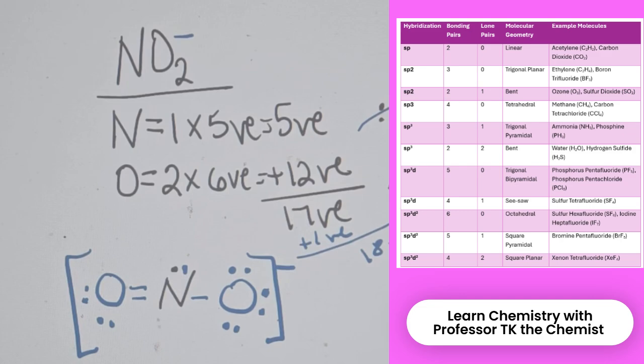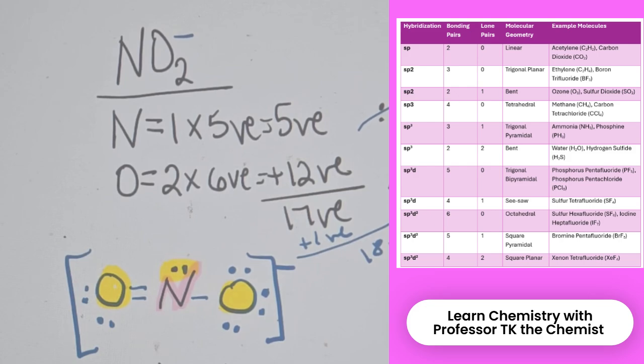Now, let's get into the work of the shape. How many bonds are coming off of nitrogen? 1, 2. How many non-bonding pairs of electrons are coming off of nitrogen? 1.